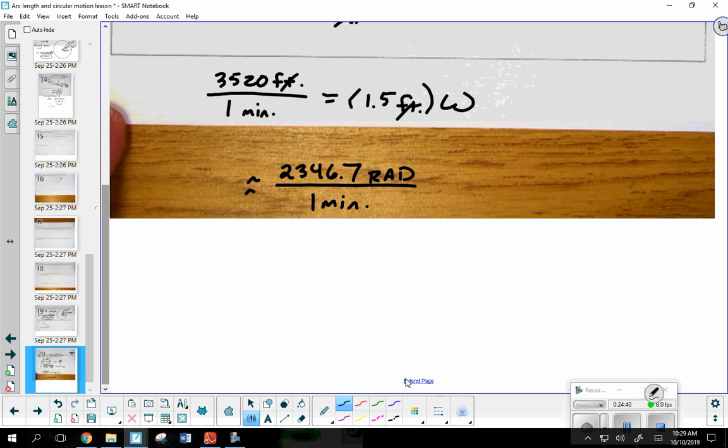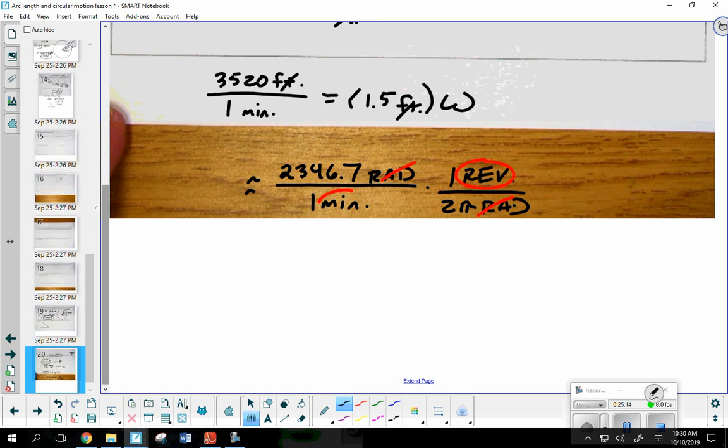Remember, it wants revolutions per minute. Now we have the per minute. Every time we were solving angular velocity, we always took the number of revolutions over time times 2 pi radians over 1 revolution. I'm going to use that same ratio, but flip it because the quantities are still equivalent. So I'm going to multiply this by 1 revolution over 2 pi radians, because the radians are going to cancel.